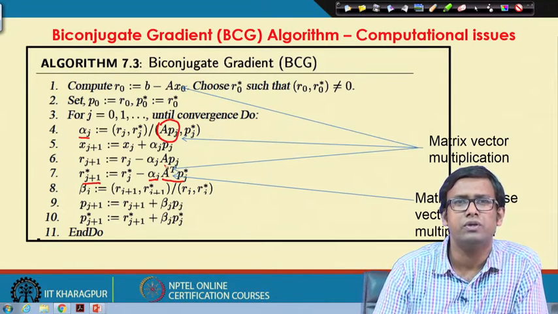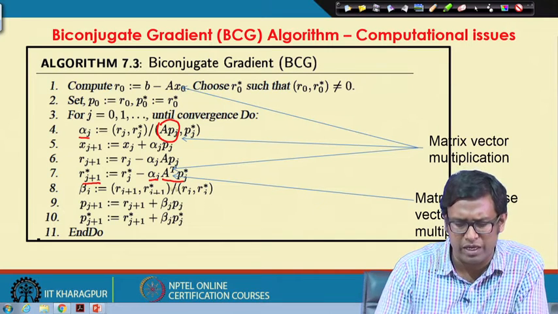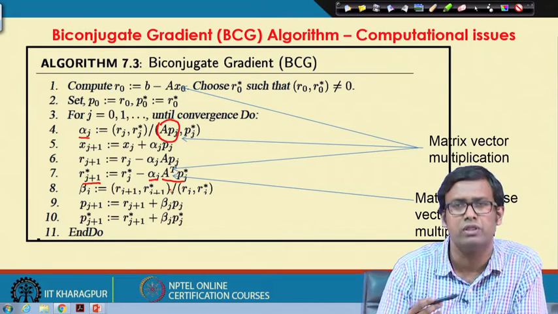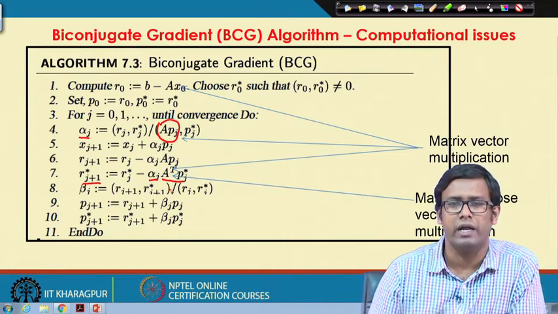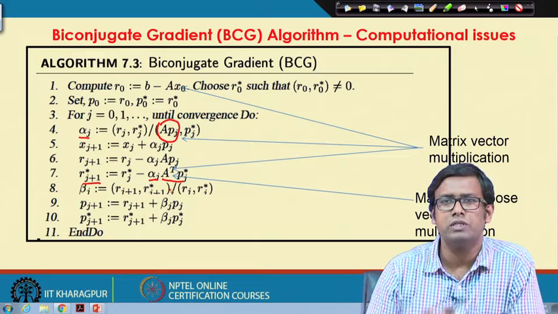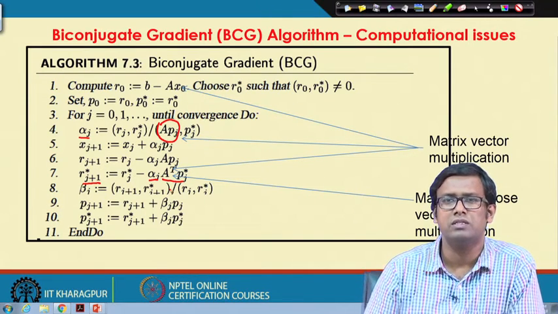So, the error is actually building up, and then we are dividing R star by doing this calculation, again taking dot product, dividing it. All these divisions and multiplications are adding up round-off error. So, there is some conjugacy between the round-off errors which is building up, and that is a serious issue in the biconjugate gradient algorithm.